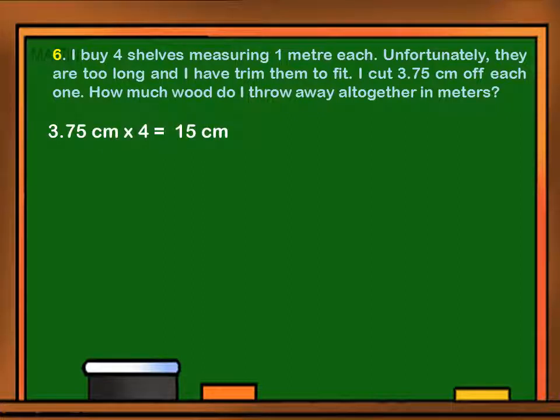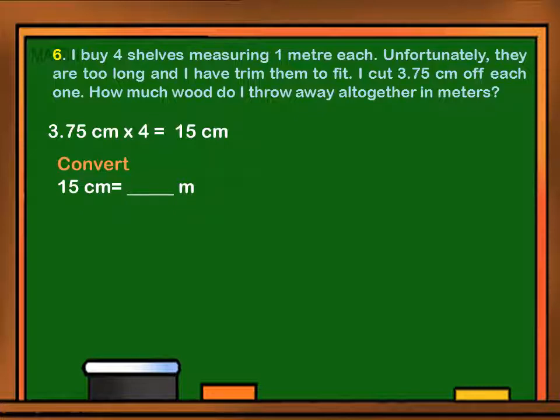In every 1 meter I cut 3.75 centimeters and multiply it by 4, because there are 4 shelves measuring 1 meter each. 3.75 centimeters times 4 equals 15 centimeters, the total length of wood I threw away. Convert 15 centimeters to meters.